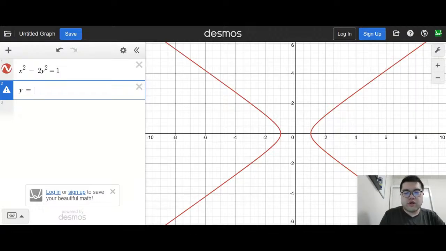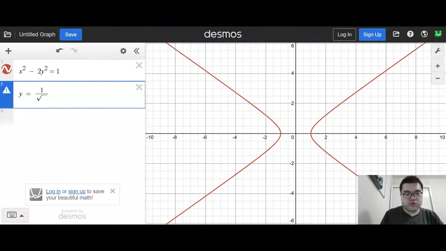One of the slopes or m values is going to be positive 1 over square root of 2.